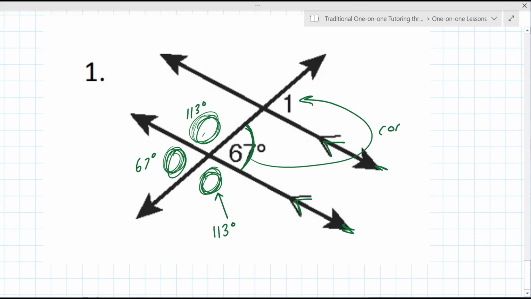This is what it's called, corresponding. So this angle 1 down here is also 67 degrees, and that means the angle above it is 113. This one's 113 and this one is 67.